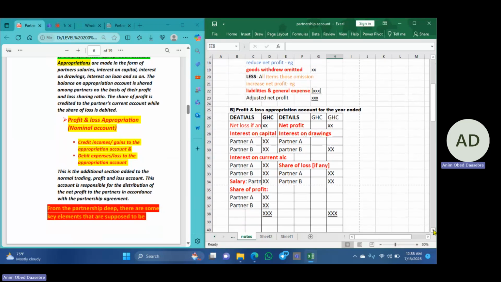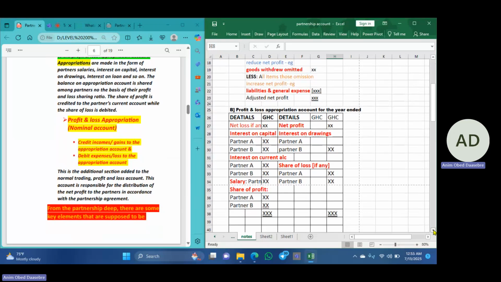So as you can see on the screen, this is the interface of the profit and loss appropriation account, the table, for the year ended. This account is just like the nominal accounts we did last semester.